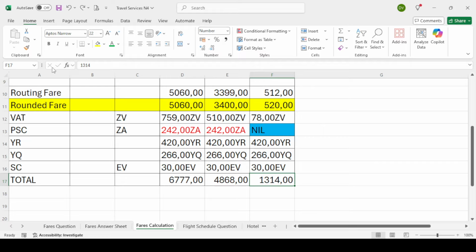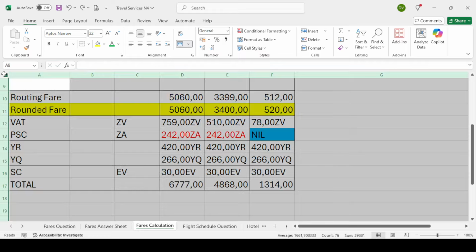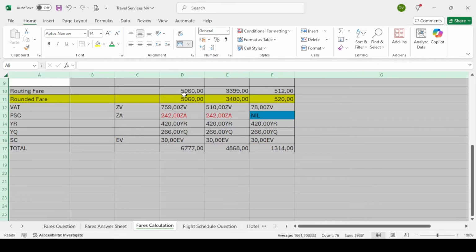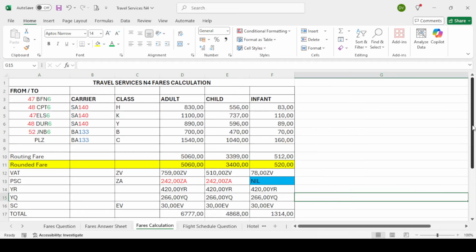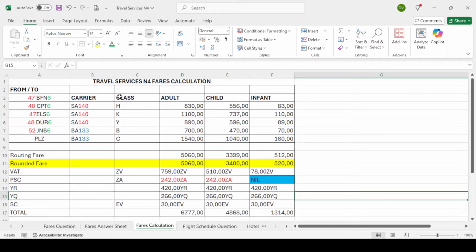I'm going to make the font a bit smaller for a minute because I want you to see it all at one glance. There we go. And that is the fares calculation, guys.